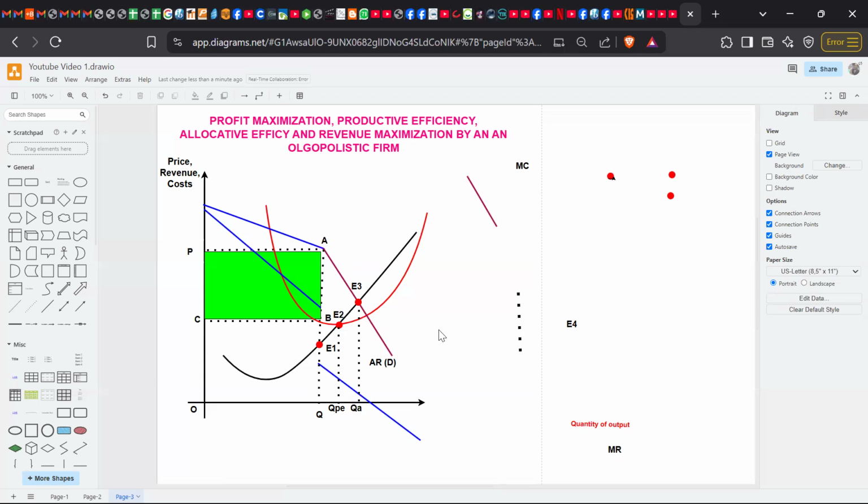When the firm is pricing that product at that level, the consumer surplus will be maximized and the producer surplus will be maximized, which indirectly means that the firm is able to maximize the social surplus in the economy. Okay, so that's why allocative efficiency is the most desirable form of efficiency, but it has its own problems.